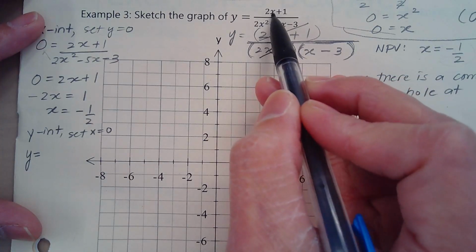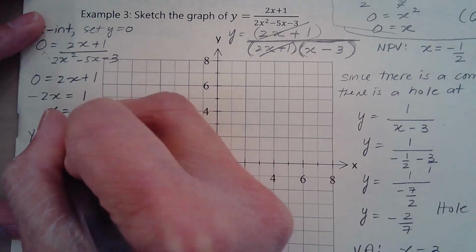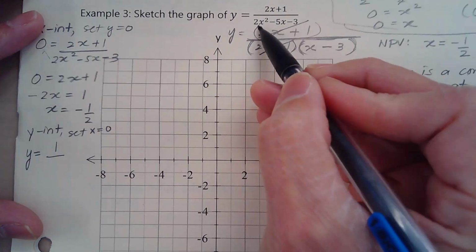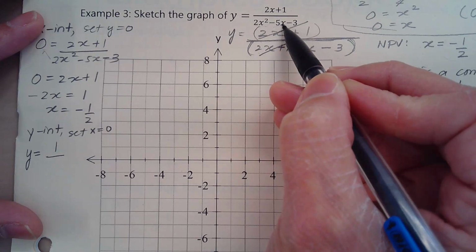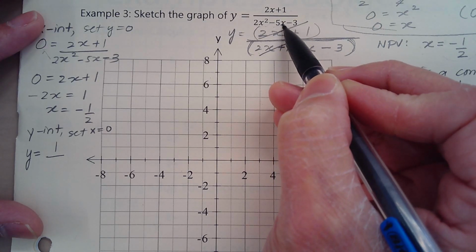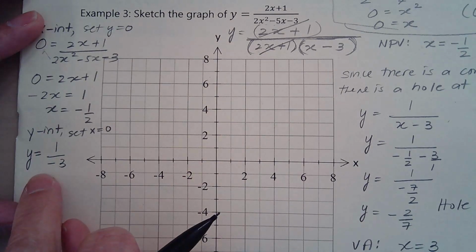So 2 times 0 is 0 plus 1, 1. 2 times 0 squared, 0, minus 5 times 0, 0, minus 3. So minus 3. So the y-intercept is at negative 1/3.